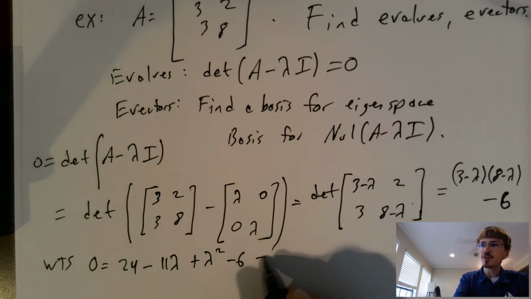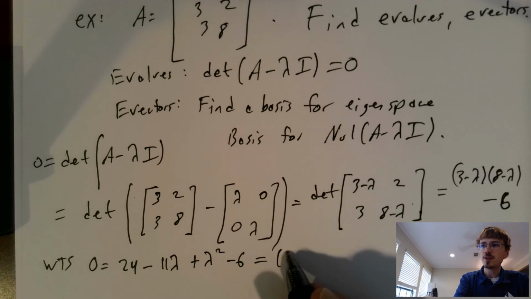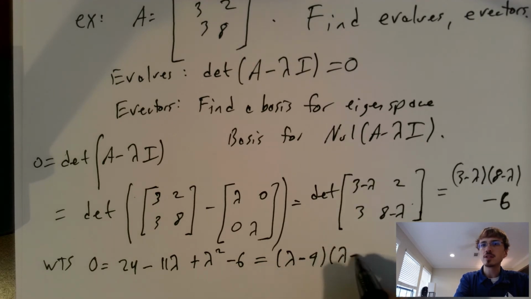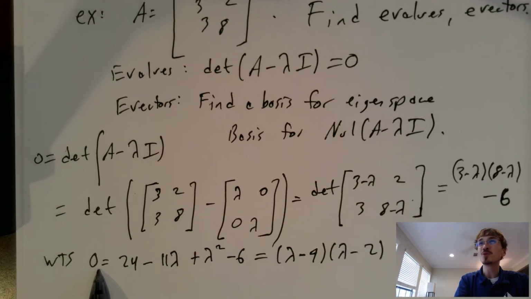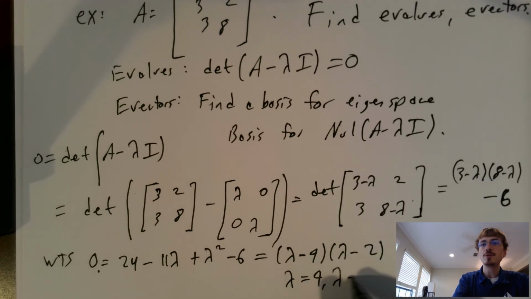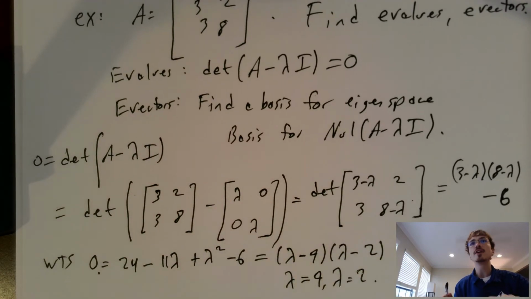And if you do a little bit of algebra, you should see, I hope, that this factors as lambda minus 9 times lambda minus 2, and all of that's equal to 0. So what are my two eigenvalues? We have lambda equals 9 and lambda equals 2 as our eigenvalues in this matrix.